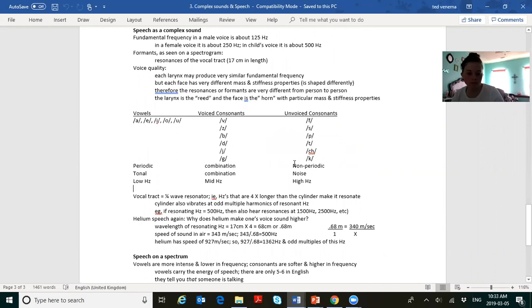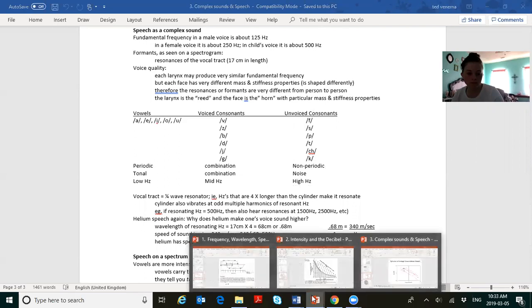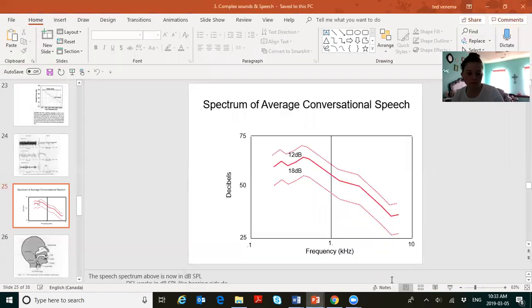Unvoiced consonants are non-periodic, therefore they are noise, they are high frequency, and I would write underneath here, soft. And that's why the spectrum of speech is like this. So vowels would be here, unvoiced consonants would be here, and voiced consonants would be here.